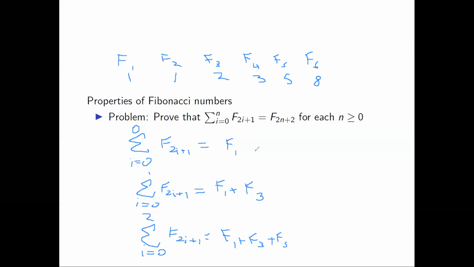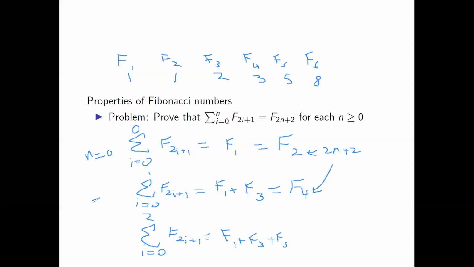So we can see f of 1 equals f of 2, and that 2 there is 2n plus 2 when n is 0. F of 1 plus f of 3 gives us f of 4. Again, that's 2n plus 2 for n equals 1 this time.